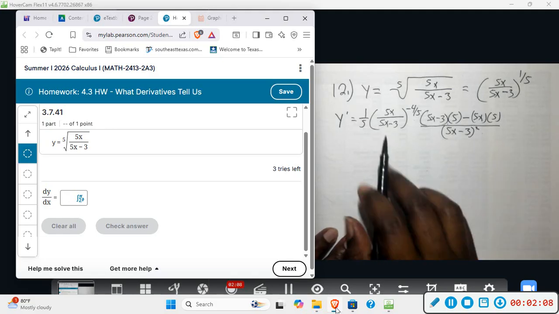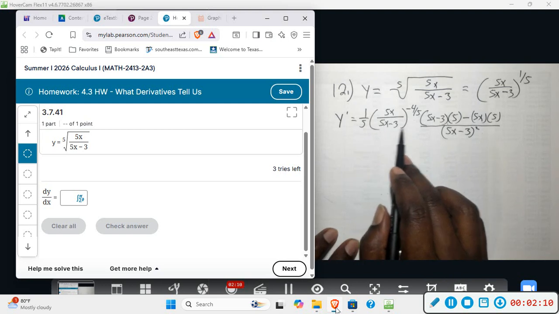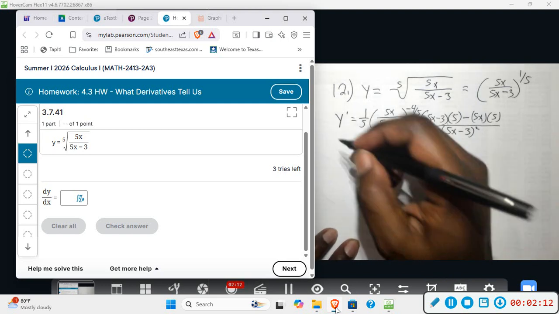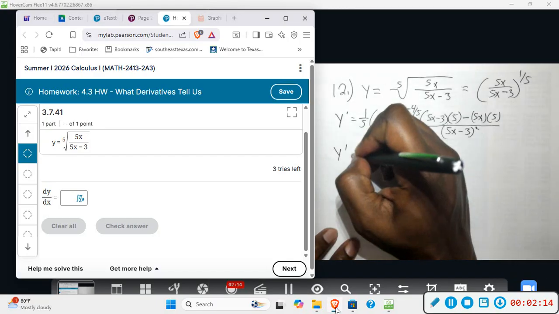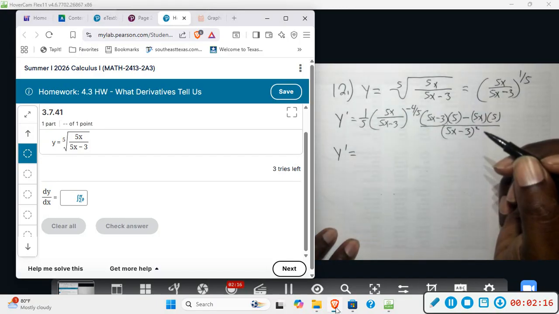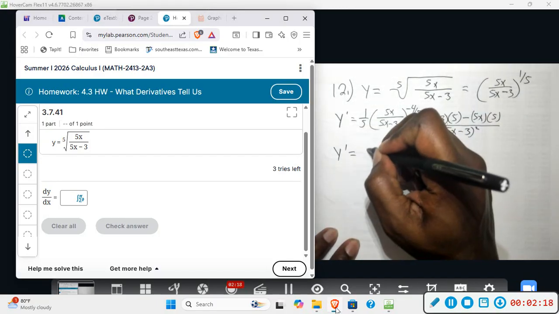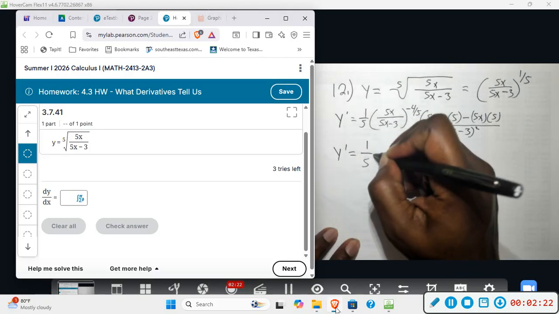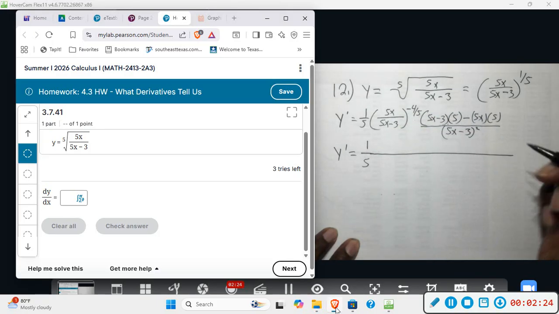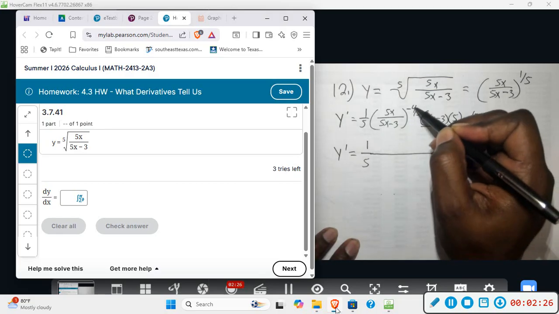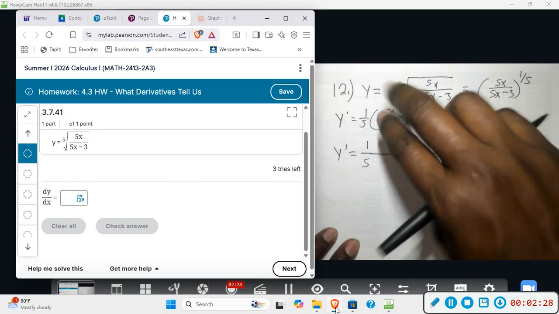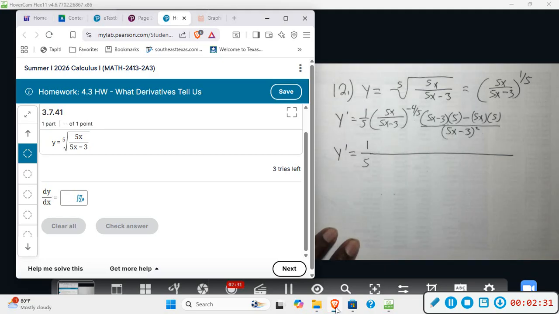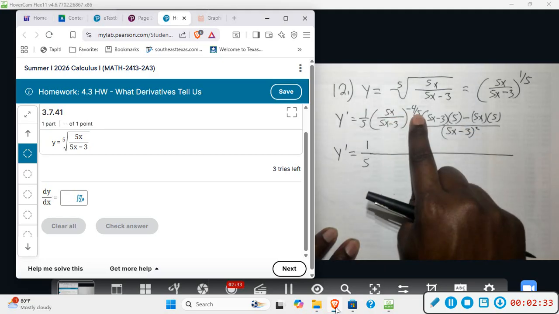Okay, we can simplify and clean this up a bit. Go ahead and make a fraction bar. This being negative, I would invert these, and then it's going to be under the root.